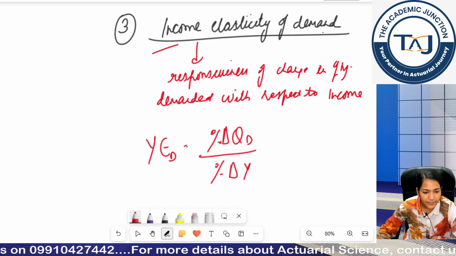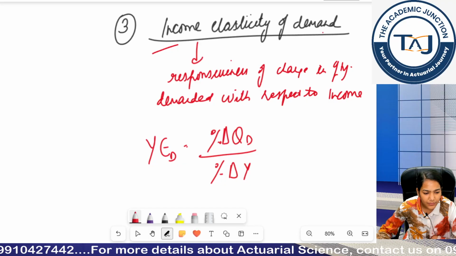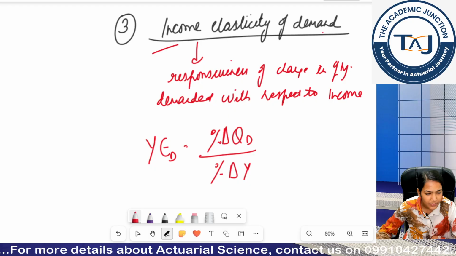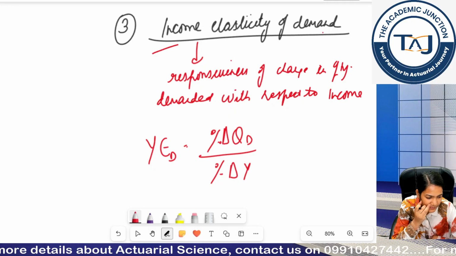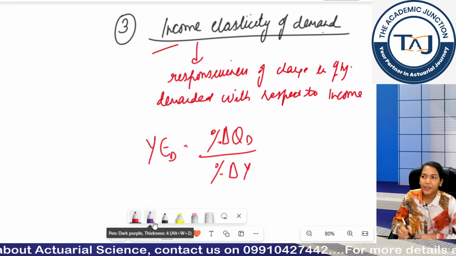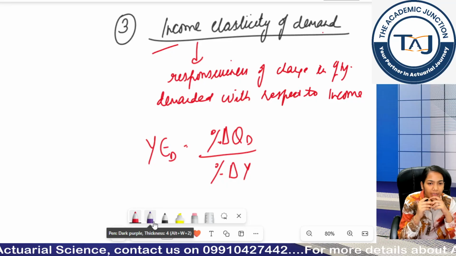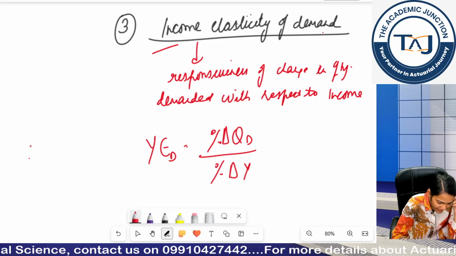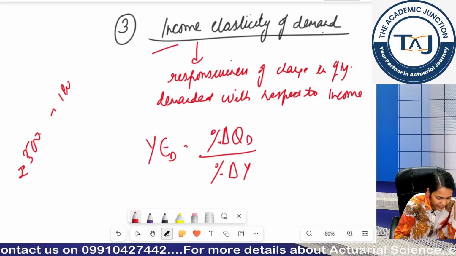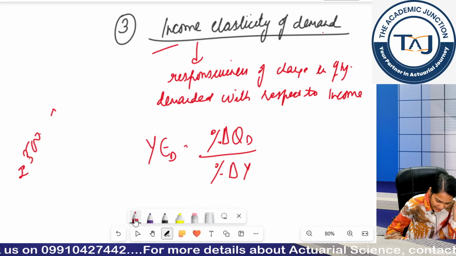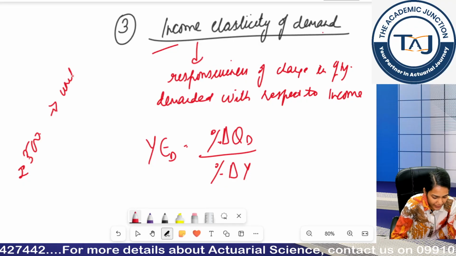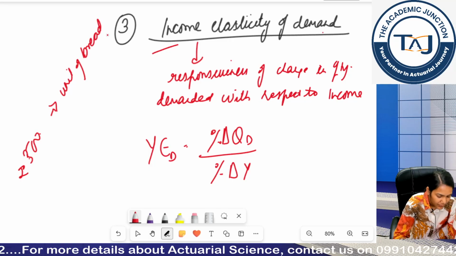Okay. Clear? Is this clear? It means, for example, when my income was 500 rupees, I used to buy 1 unit of bread, 1 packet of bread.